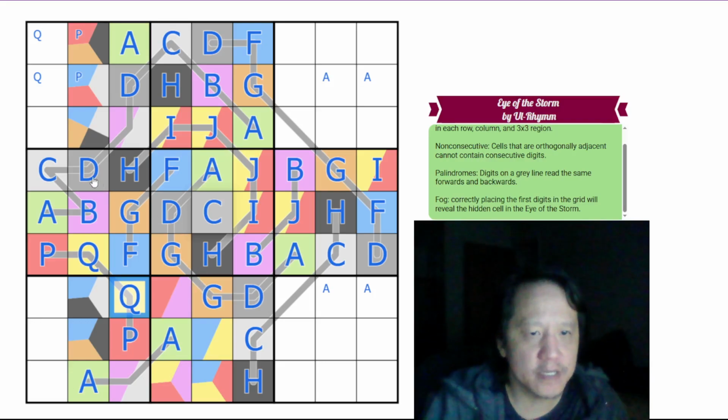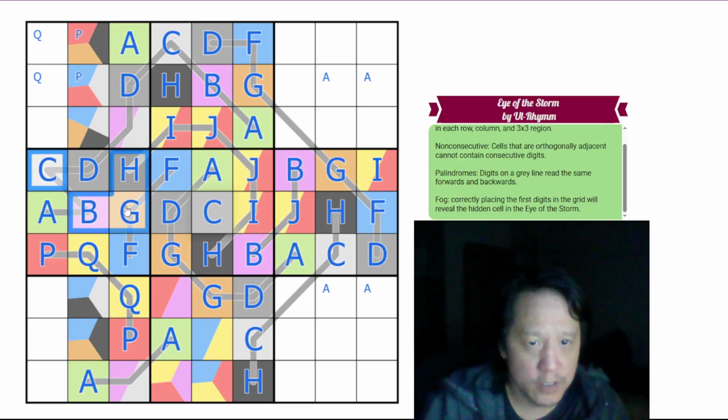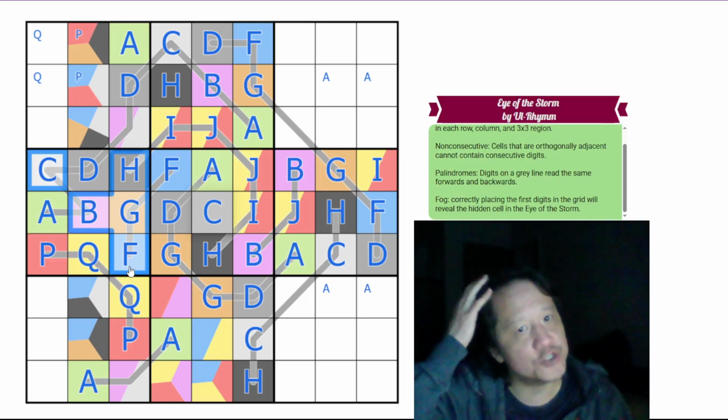D is consecutive with C, B, H, G, and F. Again, B, C, G a lot.